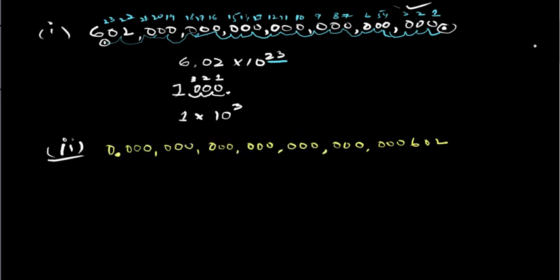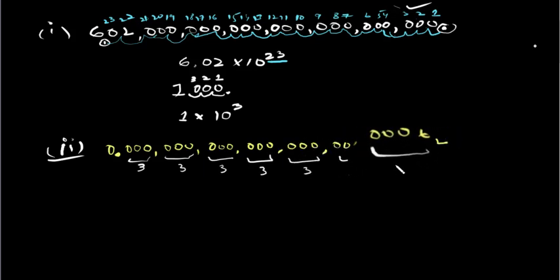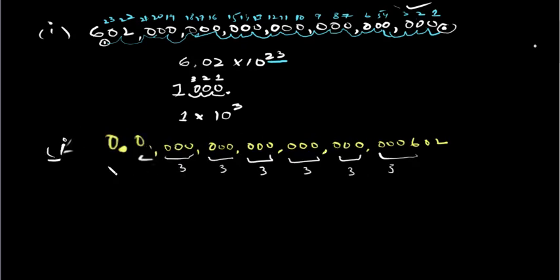Suppose I mention the decimal points here, so you will have the same method I have mentioned there. So 3 here, then 3 here, then 3 here, then 3 here, then 3 here, then 3 here, then 3 here. Let's suppose I write it one by one.